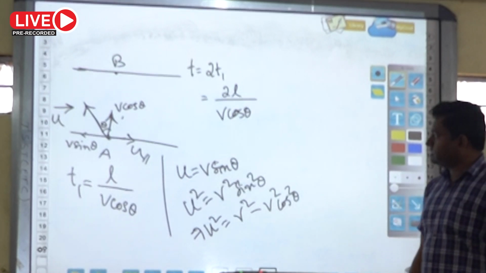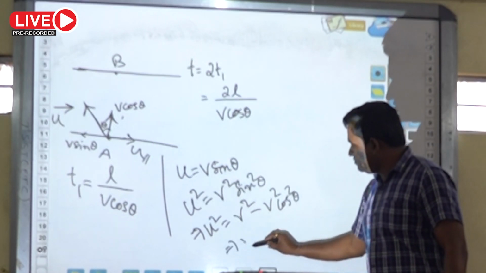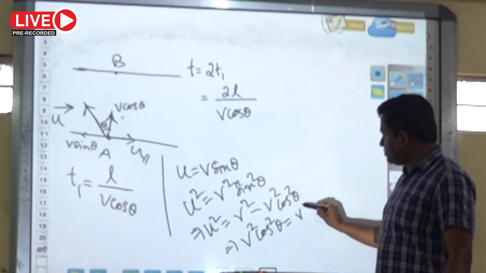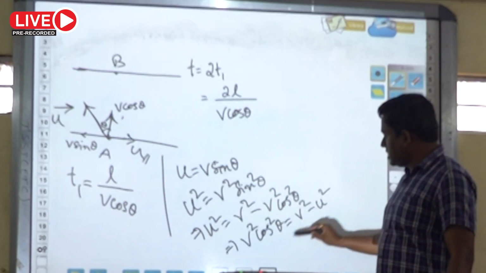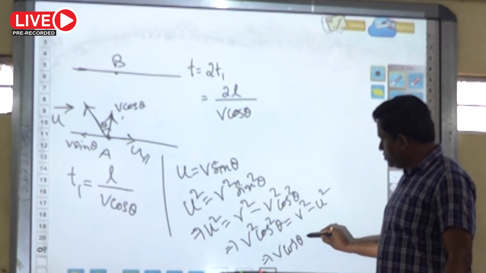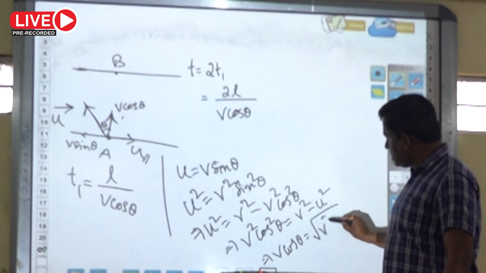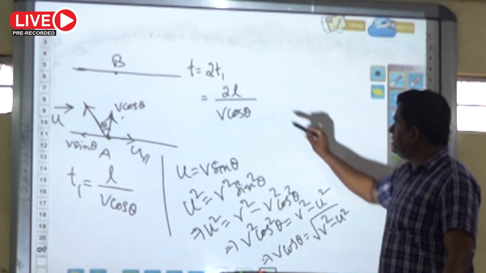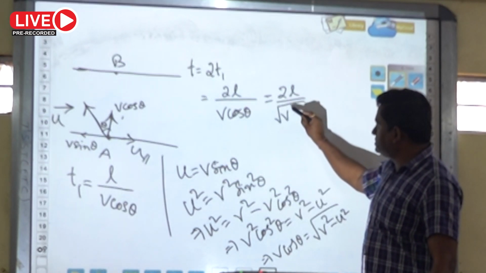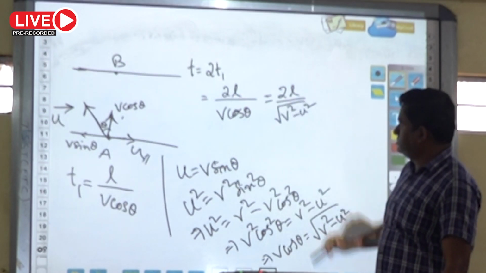So v square cos square theta equals v square minus u square, and v cos theta equals root over of v square minus u square. Substitute directly, it will be 2L by root over of v square minus u square. That's it.